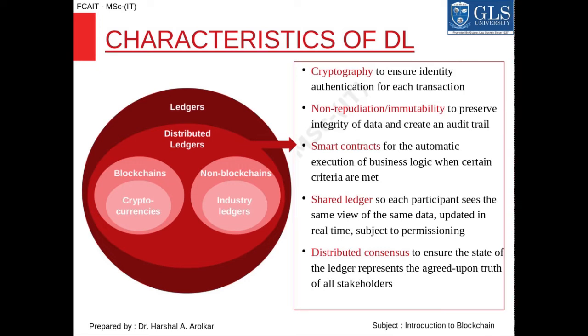They have a ledger which can be shared, so each participant, on a need-to-know basis, will be able to see the data and whether things are appropriate or not. And we get a distributed consensus, so that the state of the ledger is agreed upon by all stakeholders.